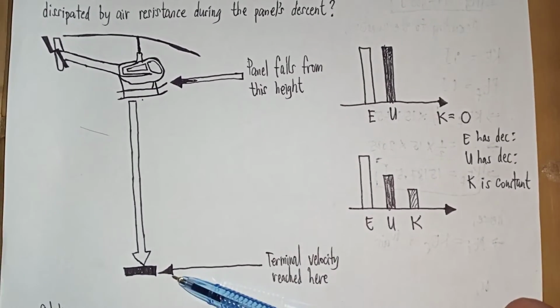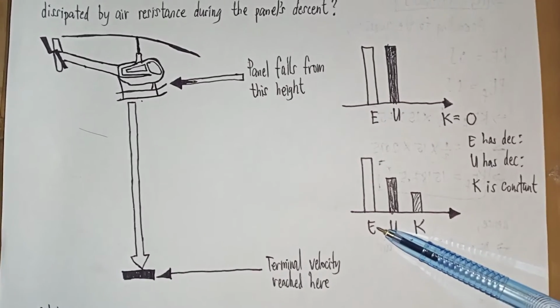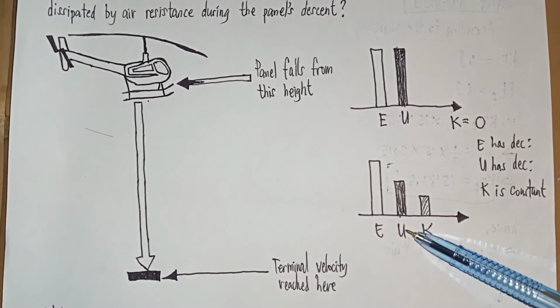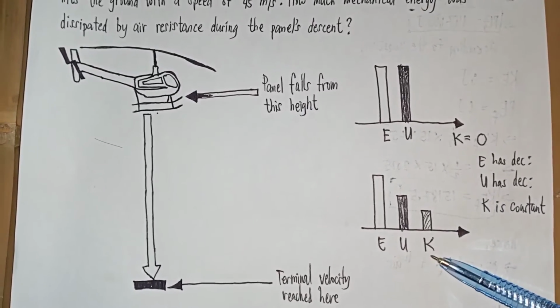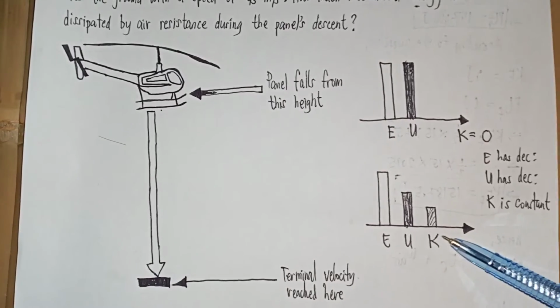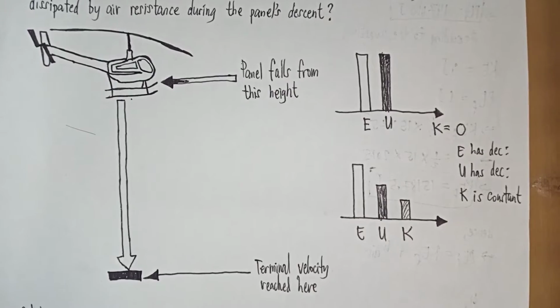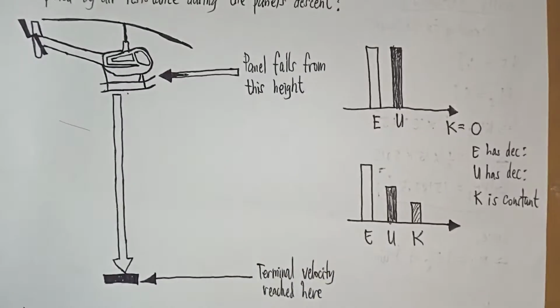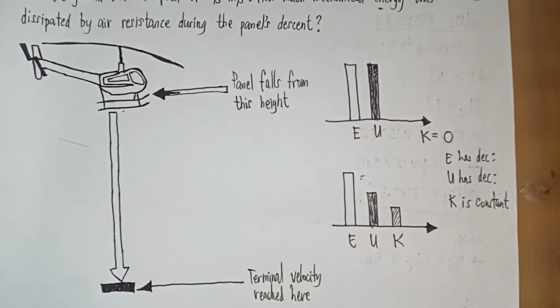About diri sa terminal velocity, ma-decrease ang iyahang E, mo-decrease, and also ang U, mo-decrease gyapon. Then ang K is constant. Magpabilin na siya, dili siya ma-decrease, dili siya mo-increase. Constant siya. Strategy, isa ra gyud ka body ang atong imbestigahan, which is kanina.